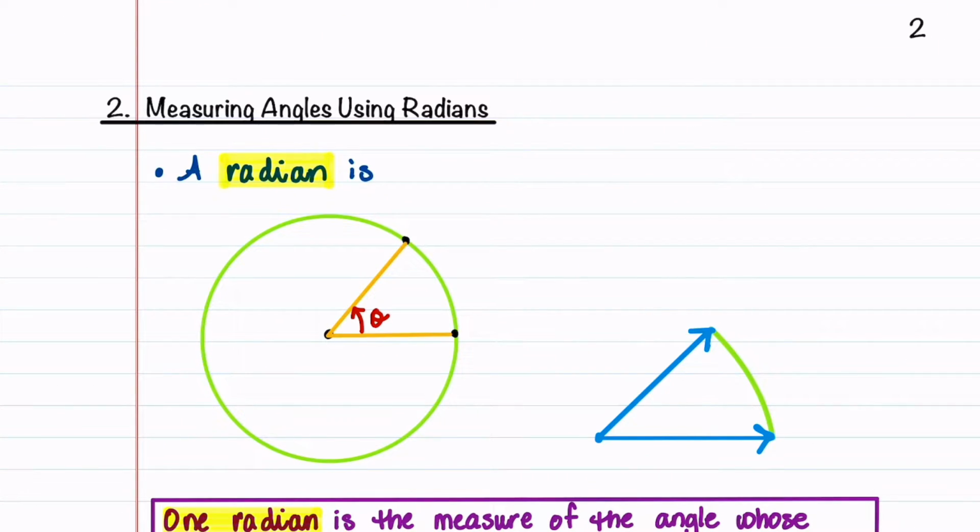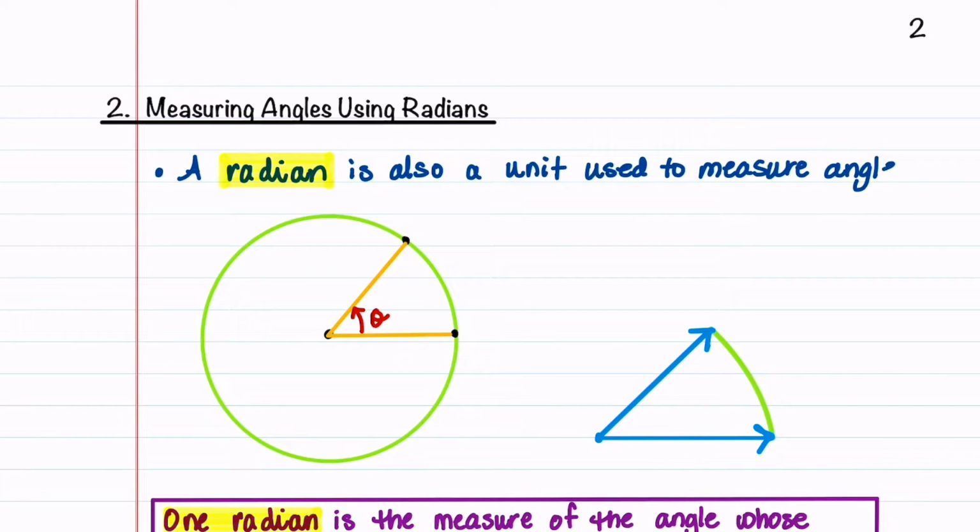We'll now talk about the definition of a radian. A radian is also a unit used to measure angles. To understand more about what a radian is, let's look at this angle theta.